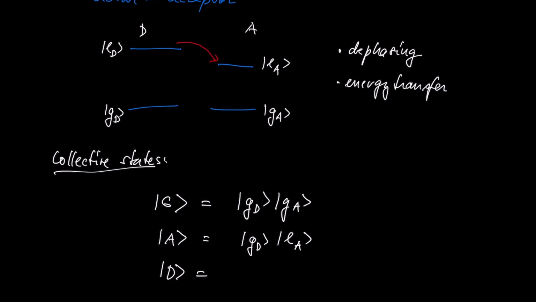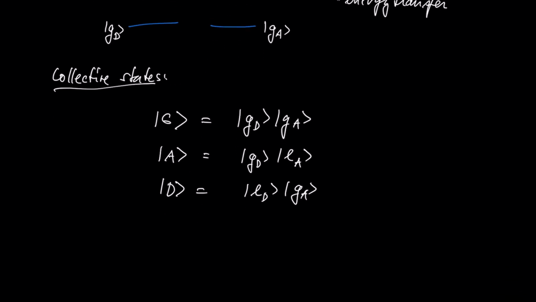State D will assume that the donor is excited and the acceptor is in the ground state. And we will also assume, although this state will not be reached in the third order spectroscopy, I mean reached in the meaning that we will not have to look at the time evolution of this state, we still have to add the state F, which will have both the donor and acceptor excited.